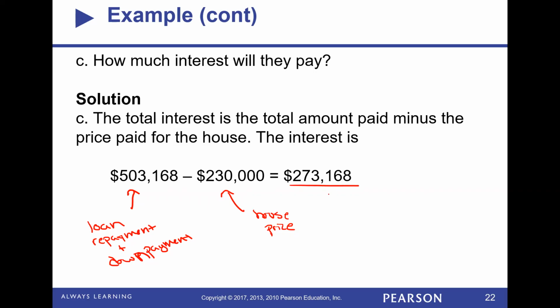This is actually how much interest I paid. I paid more in interest to buy the house than the house was actually listed as.